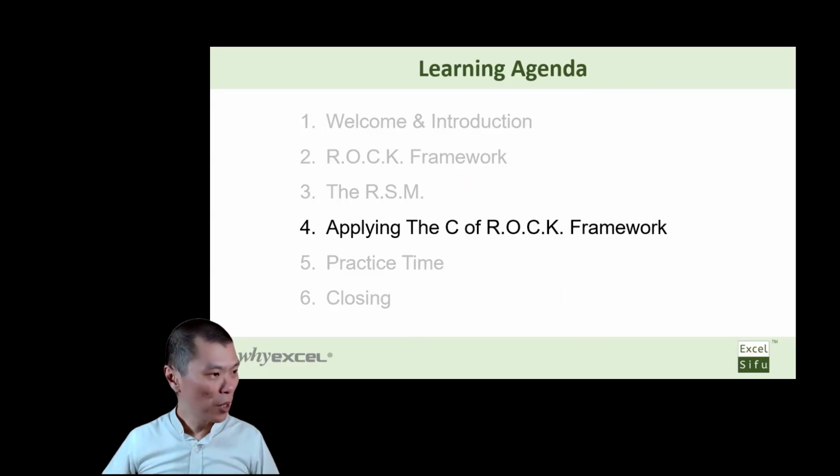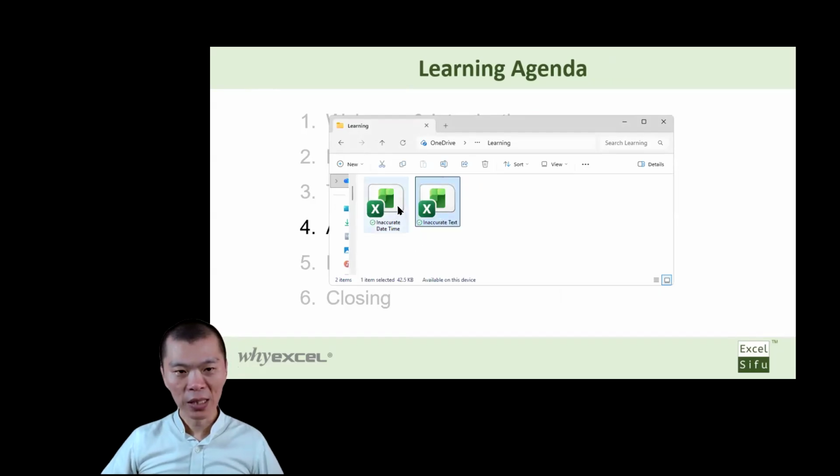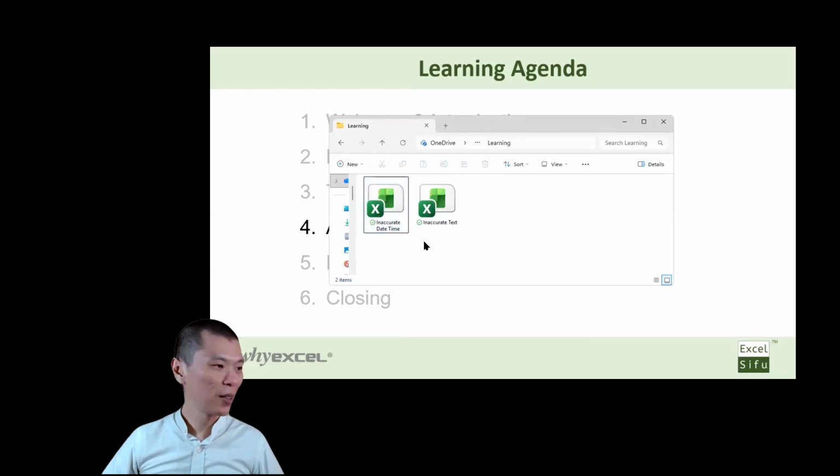Now I want to invite you to go to your folder. You have two files. One is called inaccurate text, and another one is inaccurate date time. If you have seen these two files, please type number 1 in the chat. Very good.